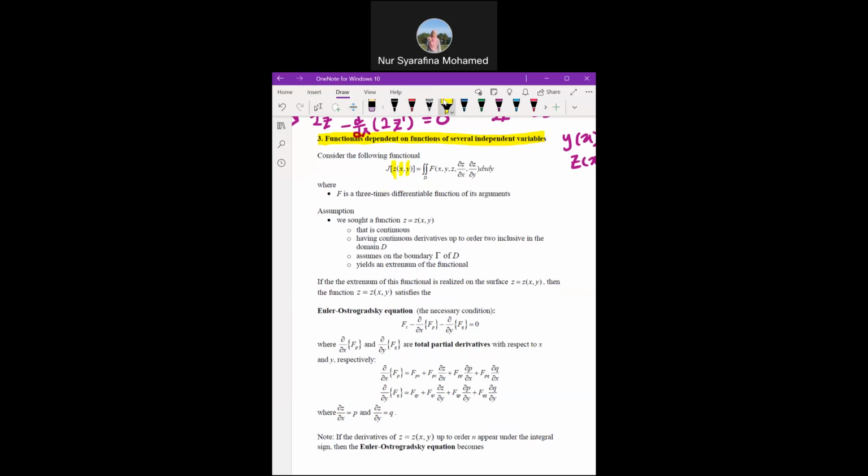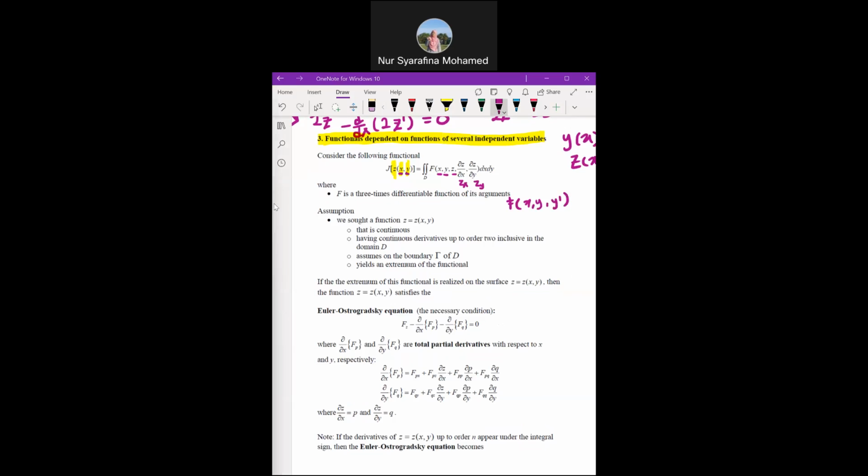So as you can see, when the functional here is given by a function having two variables, let's say for this example, the two variables x and y, the f function consists of the independent variables x, y, then z, and then we have z_x and z_y. Just like before, we have a functional of y(x), so we have x, y, and y prime.